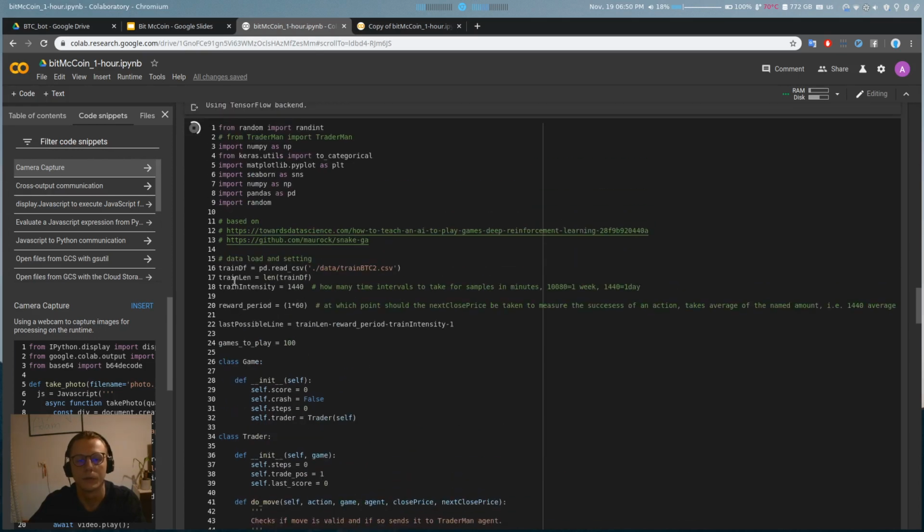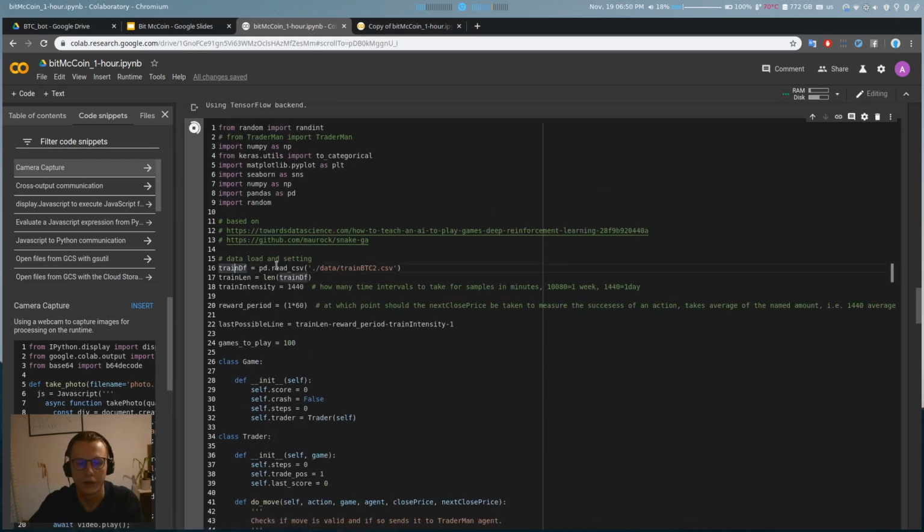So we have some variables that we set up. So the training data frame, obviously for our training data. Training len is just the length of the whole data set. Train intensity. So this one is quite important. 1440 means 1440 minutes, which is 24 hours or a day.